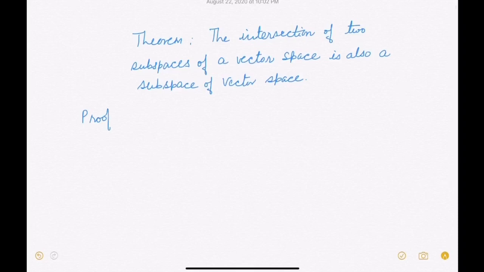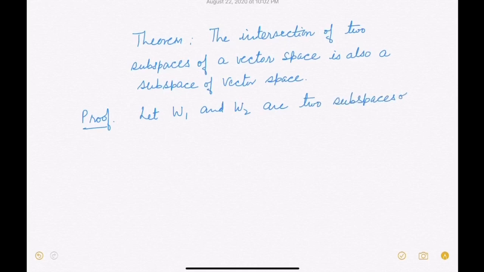Proof: let W1 and W2 be two subspaces of a vector space V over field F.